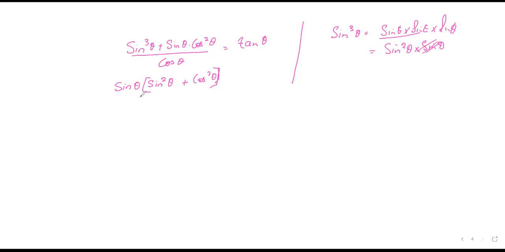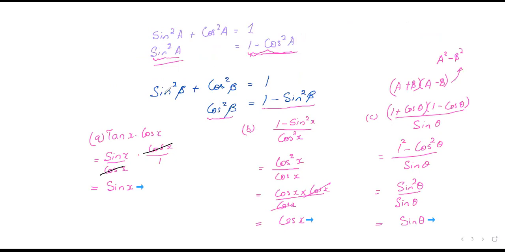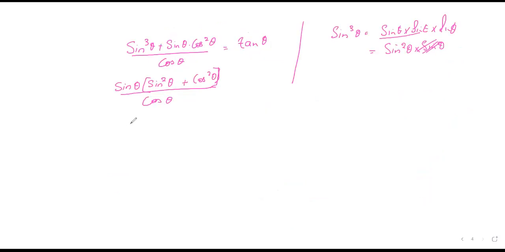This is all over the cos of theta. Now, sine squared theta plus cos squared theta. If you go back to our work, sine squared beta plus cos squared beta equals 1. So the rest of that will be equal to 1. So sine theta multiplied by 1 over the cos of theta.